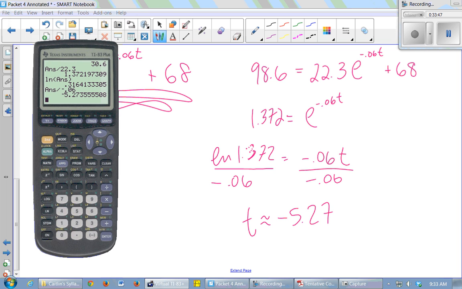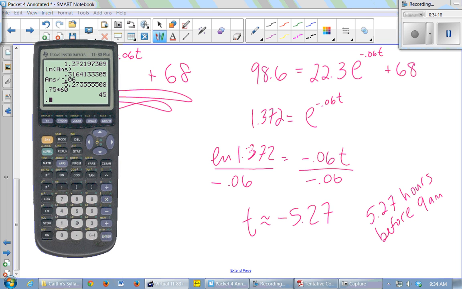Why did that come out negative? Prior to 9 a.m. We called 9 a.m. time 0, and the murder happened before that. Okay. So this says about 5¼ hours ago. And if I wanted to be really precise about it, I would say 0.27 of an hour.